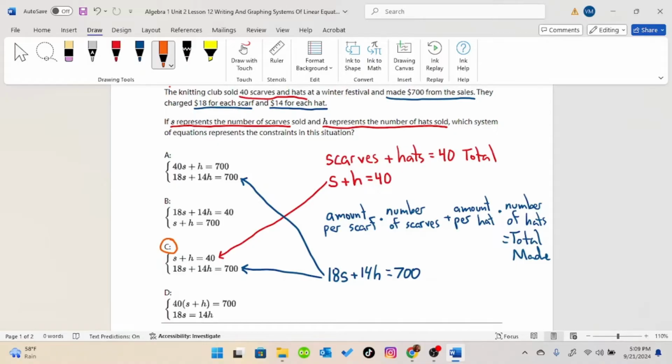Choice B has neither of the correct equations. And choice D has neither of the correct equations. If you have any questions about how to solve this practice problem, please use class time to ask for further clarification so that you are prepared as we move forward.